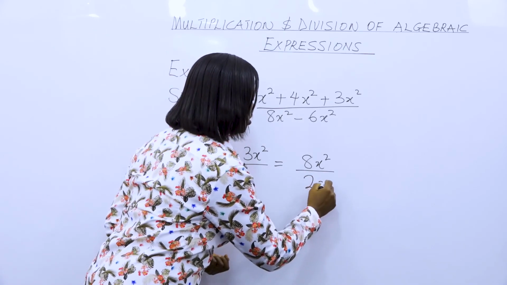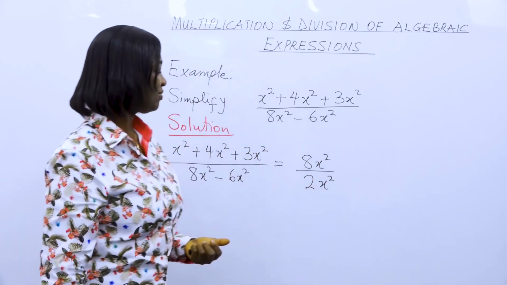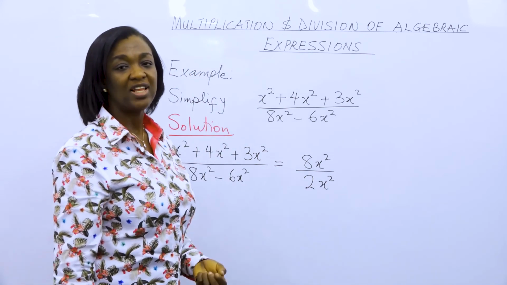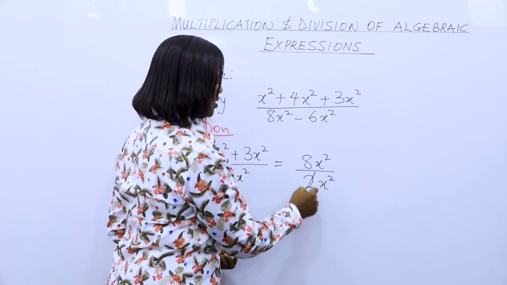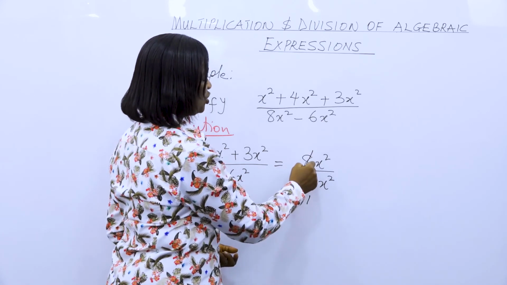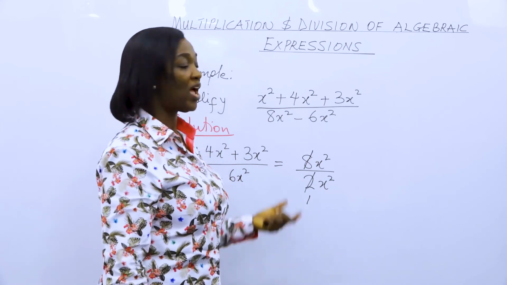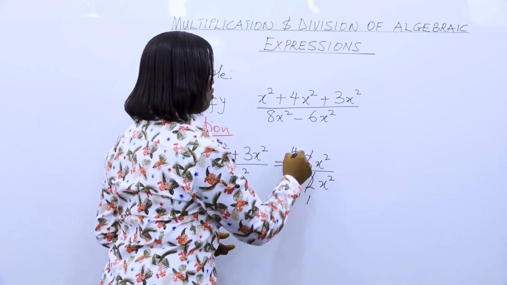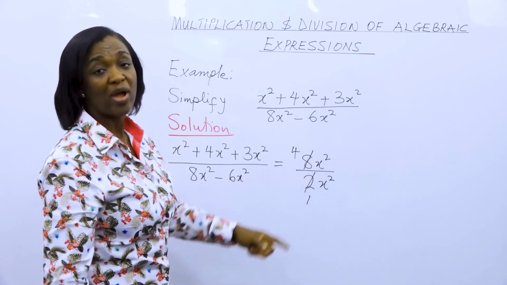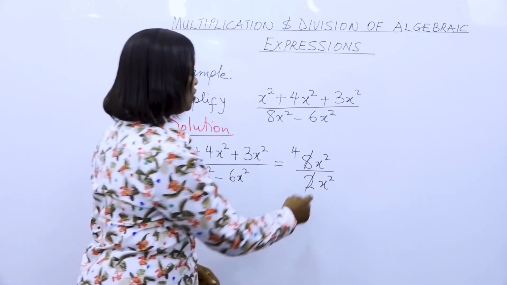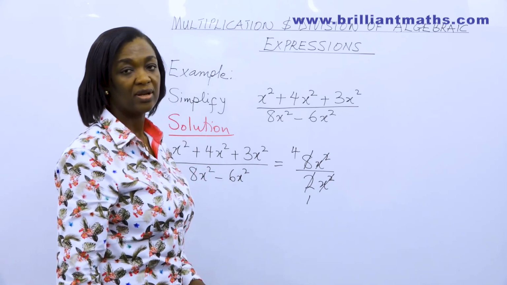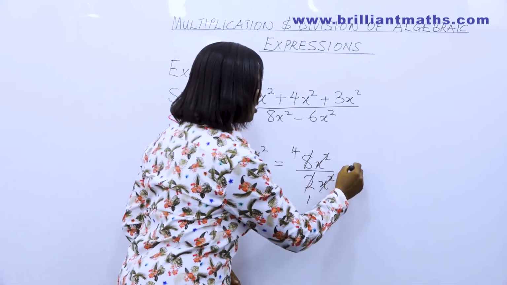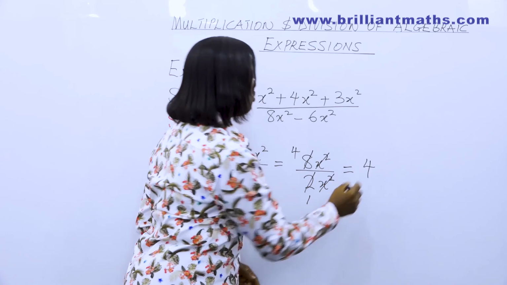So 2x squared. And here we can easily cancel out. 2 in 2 is 1. And how many 2's do we have in 8? That will be 4. x squared divided by x squared cancels out and we'll be left with 1. So the answer is actually 4.